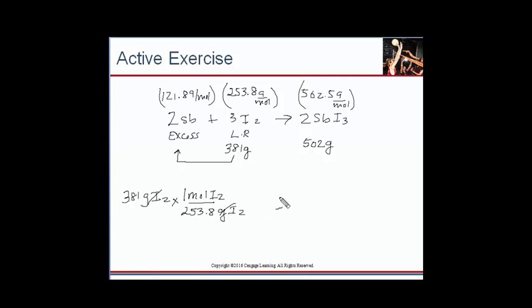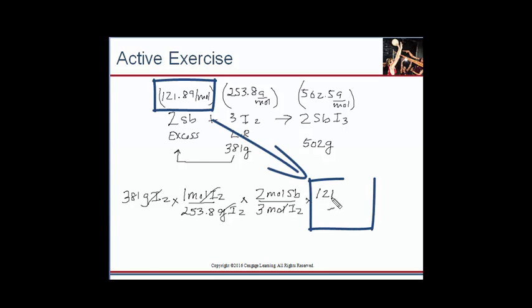Notice I just turned it into moles. Now I need the relationship between this and this, which is 2 moles of antimony in 3 moles of iodine. And I need it in grams actually because I'm going to be comparing it with grams. So 121.8 grams of antimony is enough to be 1 mole of antimony.